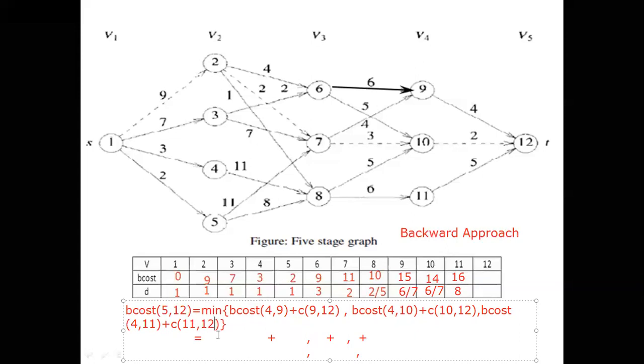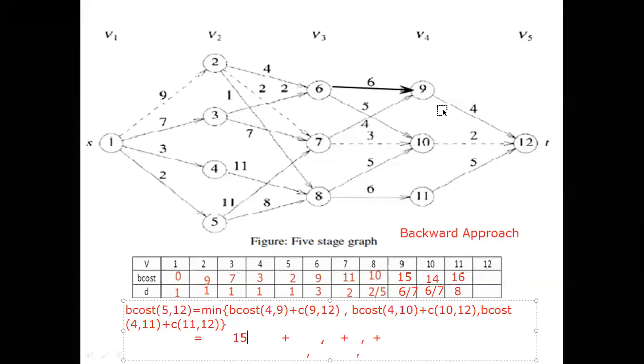Right. Now we have to find the values. What is B cost of 4, 9? 9 we have to search. It is 15, so I should write the first value as 15, plus C of 9, 12.